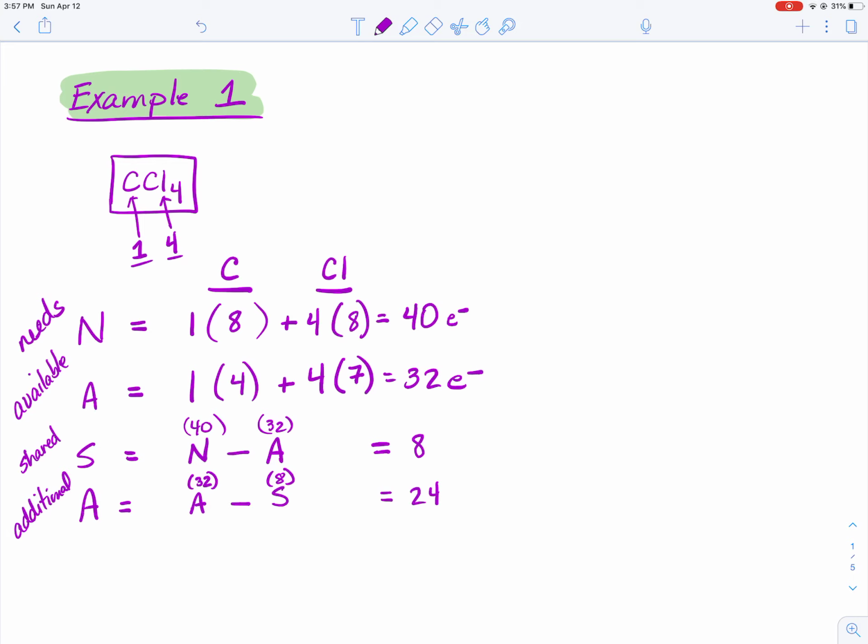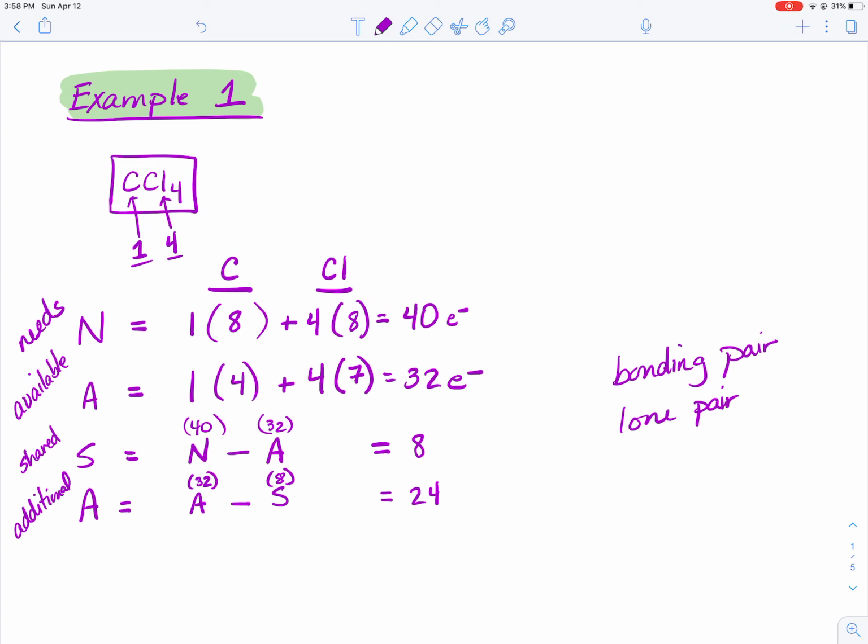Now, what we really want to use are these two numbers, 8 and 24. They're the ones that are going to tell us how many bonding pairs we're going to use, or how many lines we're going to draw on our structure, and then lone pairs as well. So I'm using the term bonding pair and lone pair.